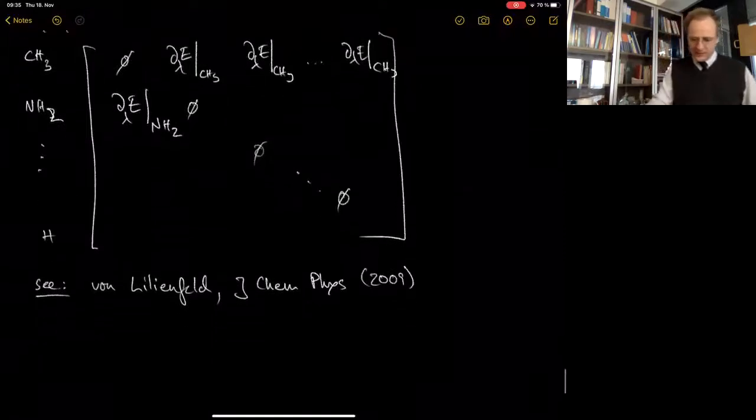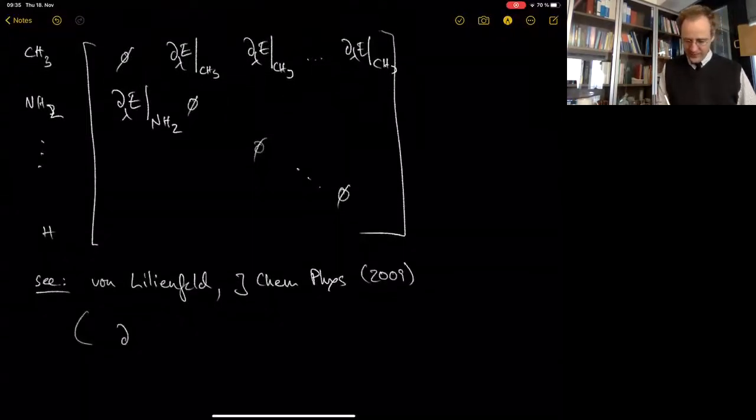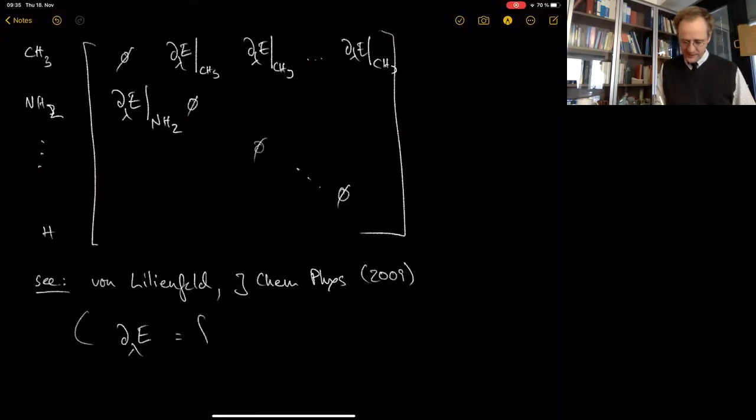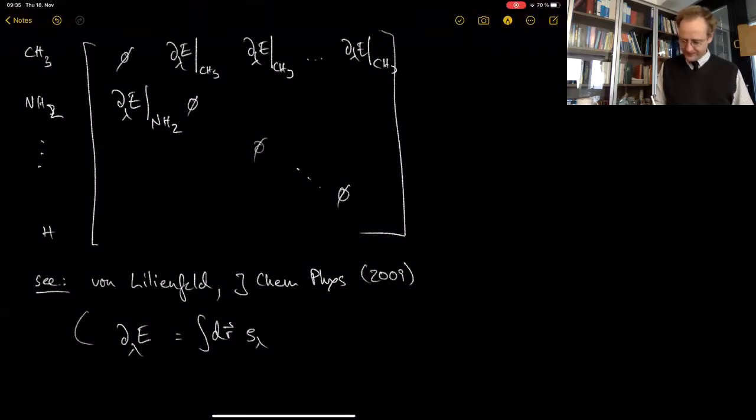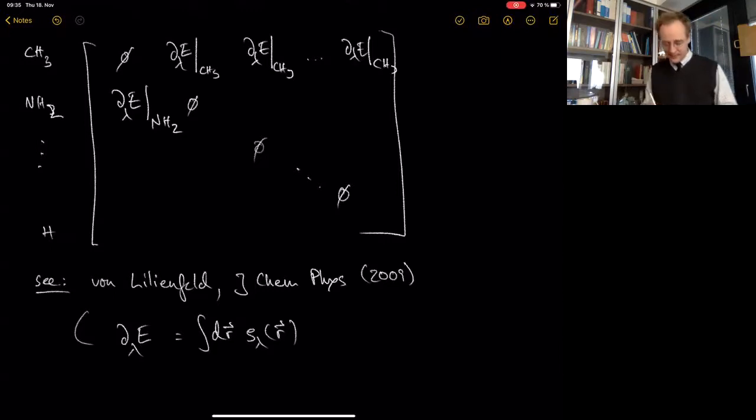So in particular, you can go from any compound to any other compound by calculating the Hellman-Feynman derivative at lambda with the difference in the external potential.